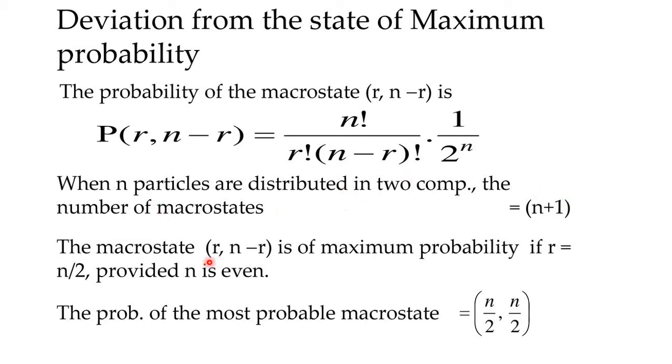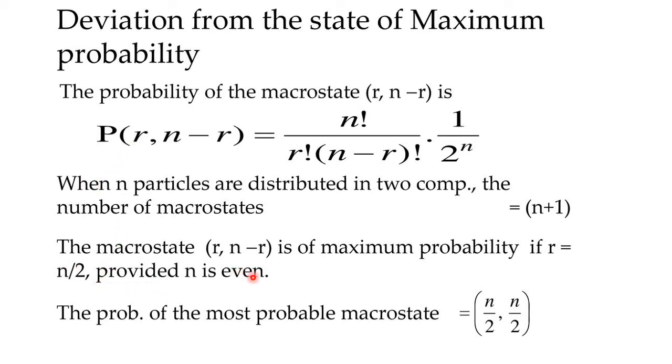If we have the macrostate (r, n minus r), the maximum probability will be when r equals n by 2, provided n is even.